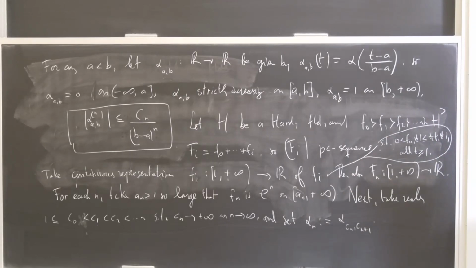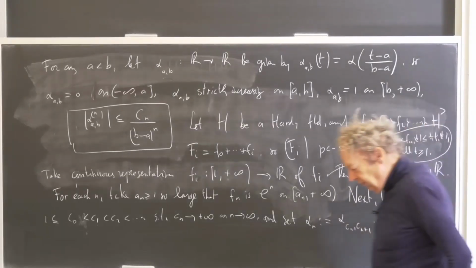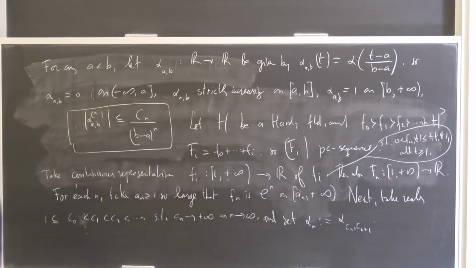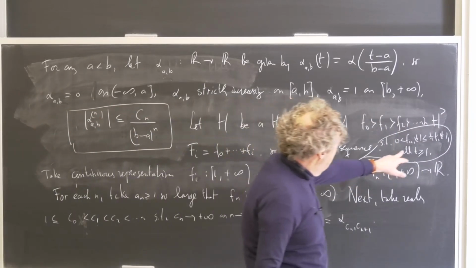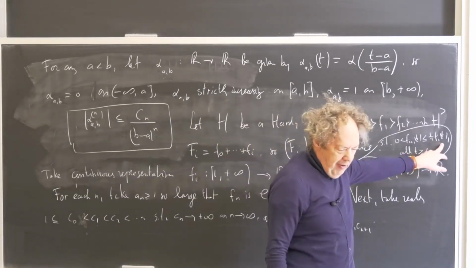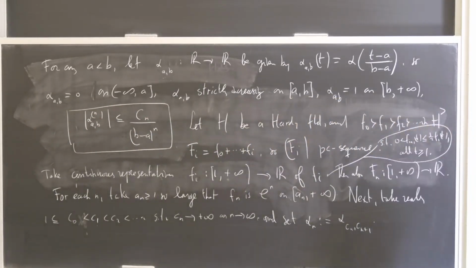Just like with Hardy fields, you can always change the initial behavior of these f's. This will automatically be the case for t big enough, since this one is strictly dominated by f_i, but you have to adjust the initial behavior a little bit to make sure of it everywhere.